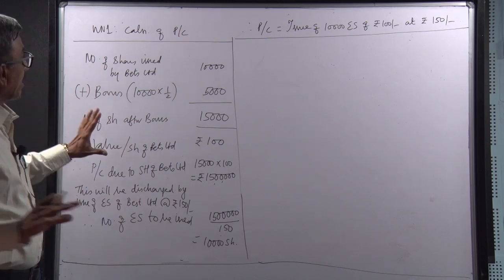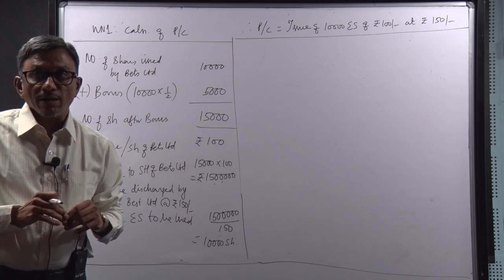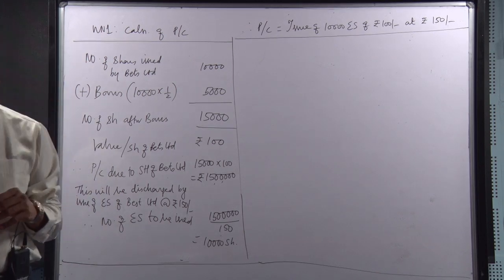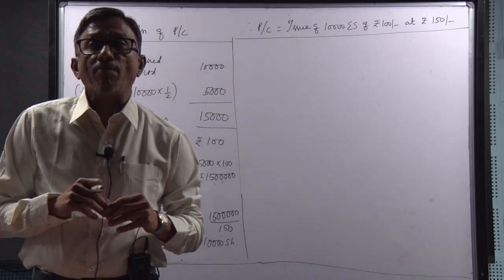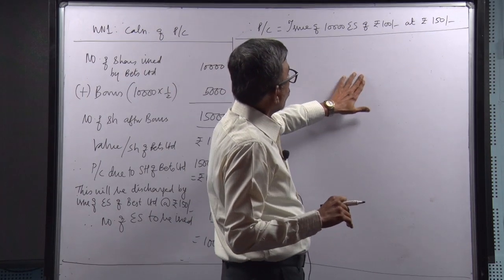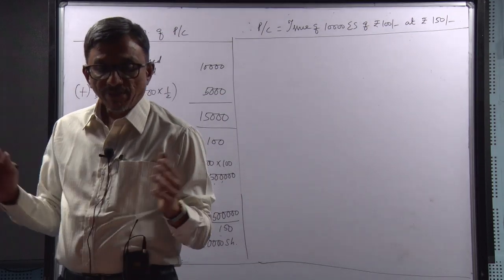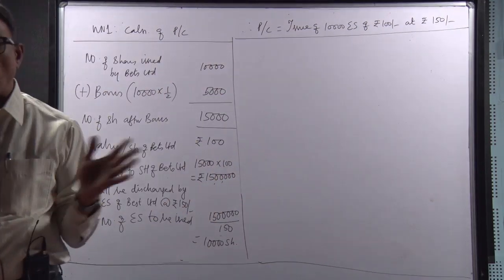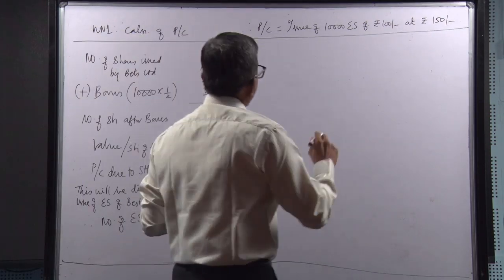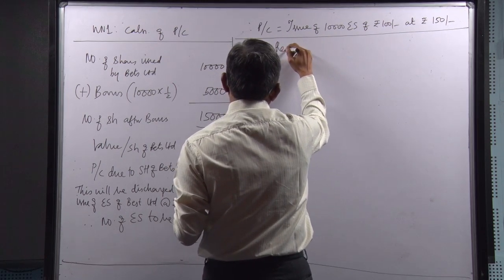Now once the working note is clear, then we have to prepare the ledger accounts in the books of Bets Limited, that is the vendor company. In the books of the vendor company, what are the ledger accounts you have to prepare? See, the vendor company's books of accounts should be closed, that's all. So the accounting for liquidation should be done in this manner.